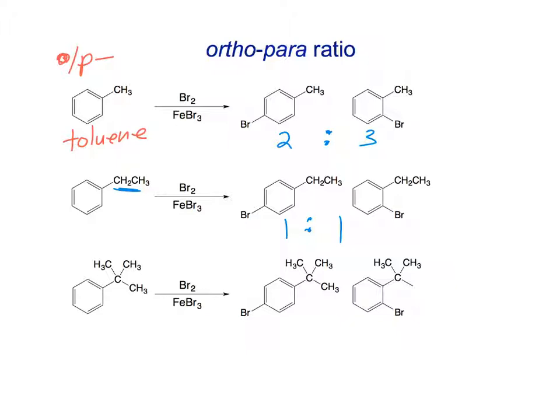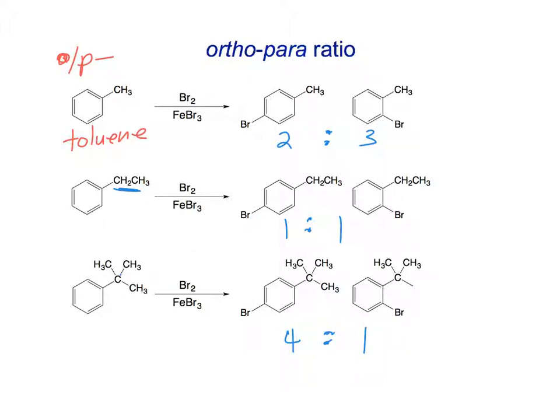So it's starting to favor para, given that there's only half the number of para positions as ortho. If we go all the way to the tert-butyl, that's getting very much bigger, and so then we go to a 4 to 1 ratio. We still see some ortho, but we're starting to favor the para.